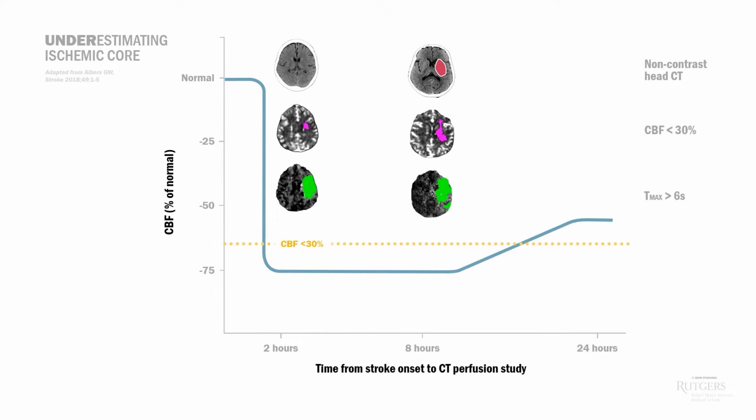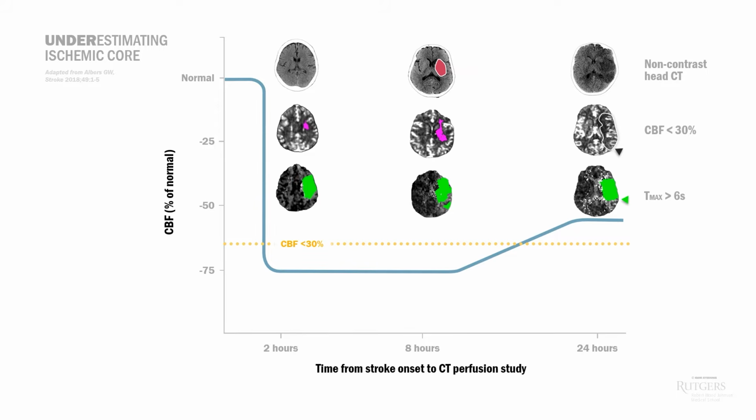But at the extreme of the 24-hour window, leptomeningeal collaterals may have already been recruited, and cerebral blood flow may improve a bit, just above the 30% threshold. So core infarction disappears from the CBF map, while Tmax shows a significantly delayed flow in the left MCA territory.